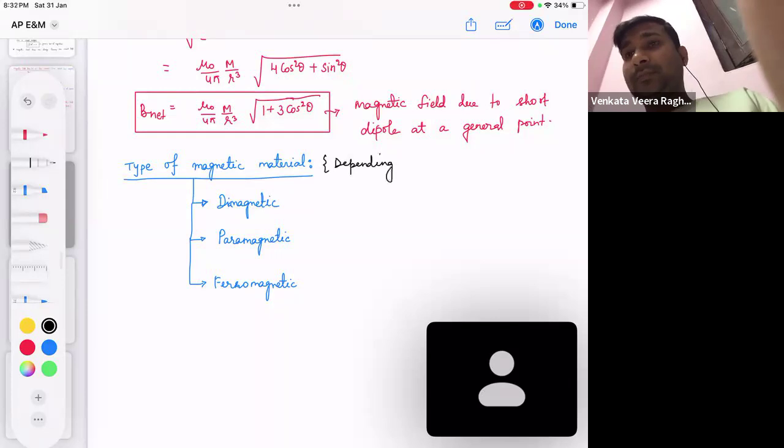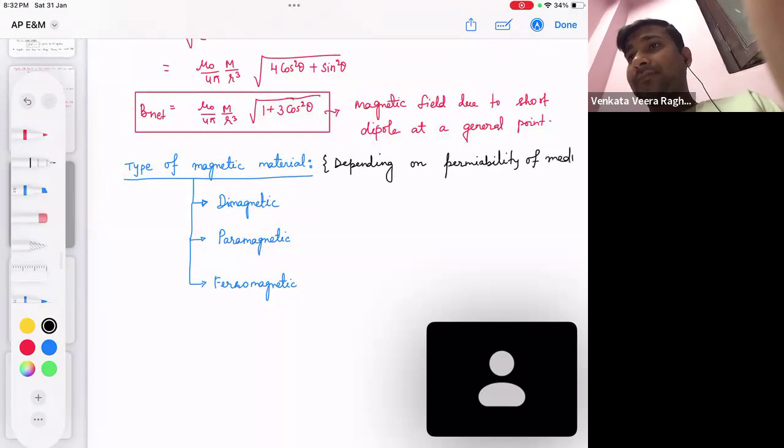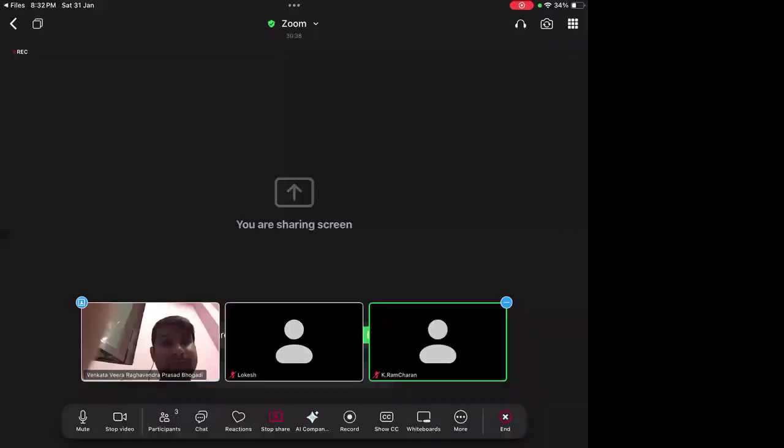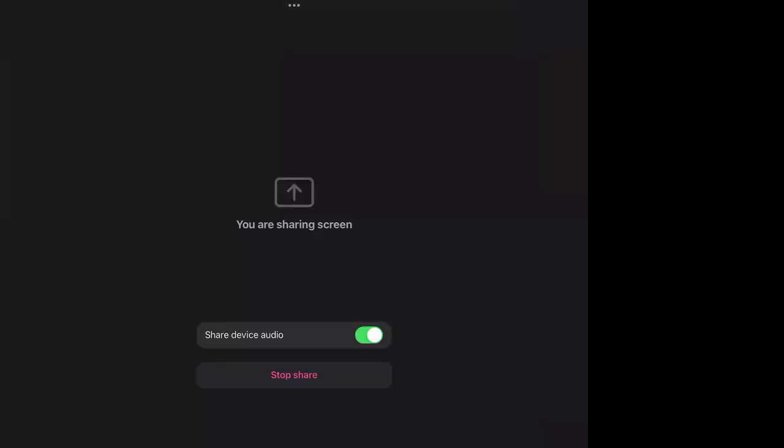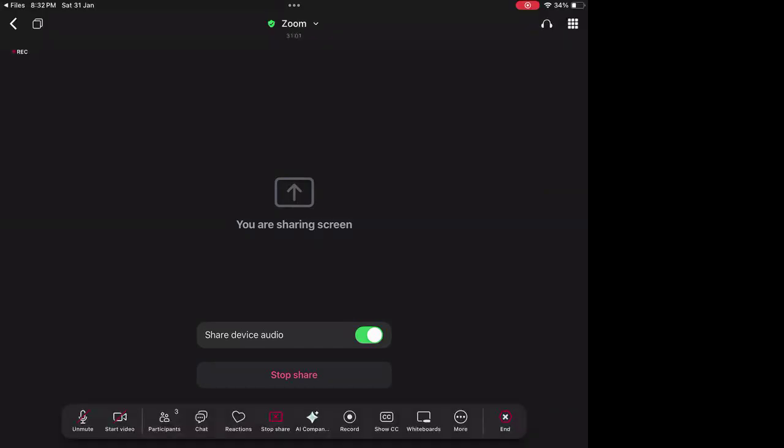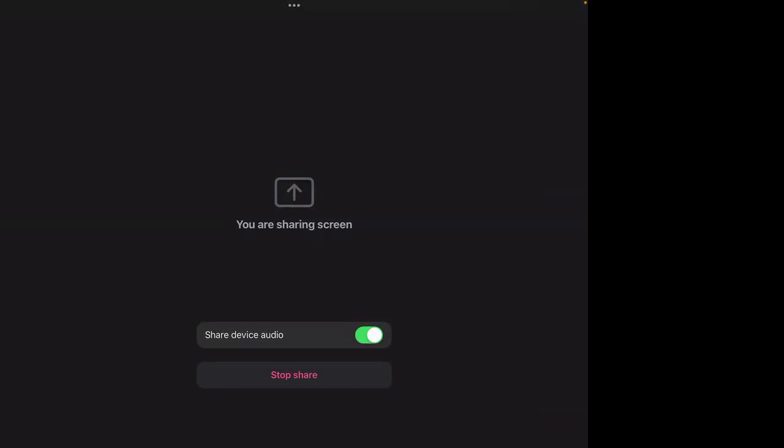Depending on the permeability of the medium, we have three types of medium.